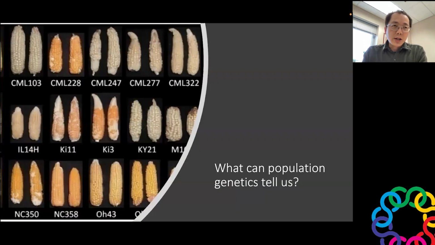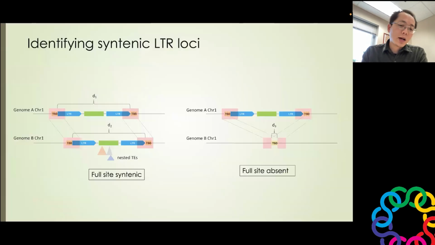Right. So I tried to push the limit by looking further into population genomics. We have a population of 26. It's not huge, but it is still a small population. Can we tell the dynamics of individual LTRs in this population?